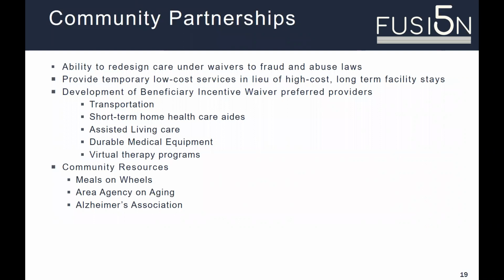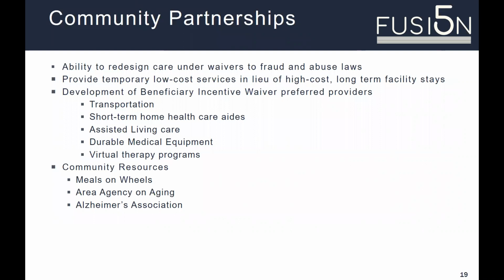So, helping to provide low-cost services in lieu of those high-cost long-term facility stays. Historically, a patient may have gone into an inpatient rehab or a skilled nursing facility simply because they didn't have anybody at home during the hours that they were awake, so they would just put somebody into a facility.